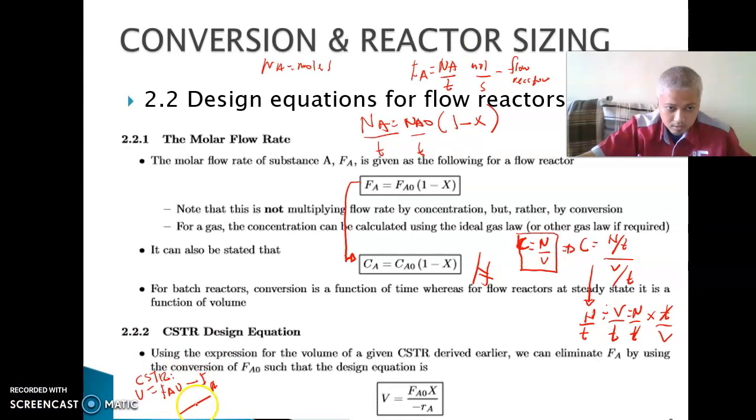From this, we have this term, and we can substitute it inside this formula. What we will get is Fa naught minus Fa naught times 1 minus X, over negative Ra. So we expand this one.